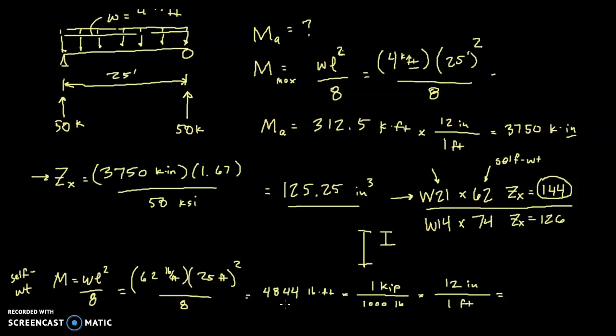So if I take my 4,844 and divide it by 1,000 and multiply it by 12, that gives me an additional 58.1, taking it out to 3 significant figures, 58.1 kip inches.